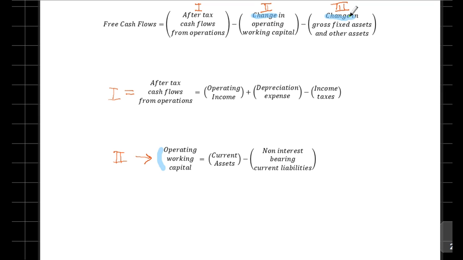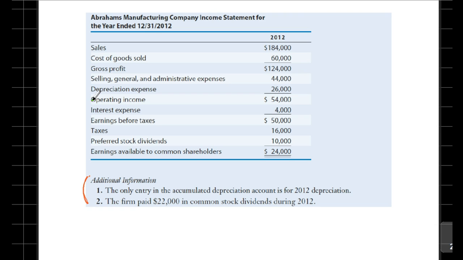Alright, so let's start with the first component of our formula, after-tax cash flows from operations, which is the first item here. For that we will need operating income. So let's quickly go back to our income statement and figure out what operating income is, and obviously it's provided as $54,000.